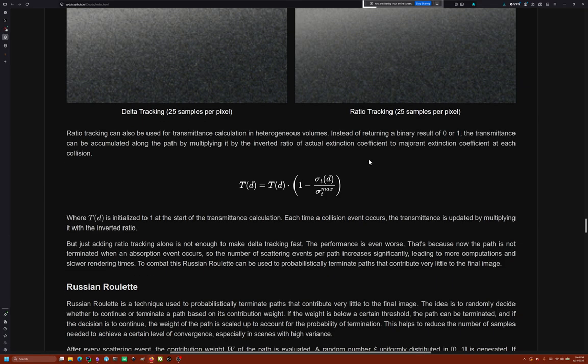This can also be used for transmittance calculation in heterogeneous volumes. Instead of returning a binary result of 0 or 1, transmittance can be accumulated along the ray by multiplying it by the inverted ratio of actual extinction coefficient to the maximum extinction coefficient.